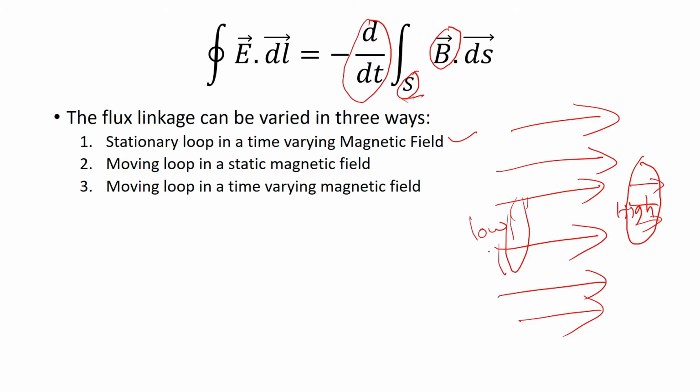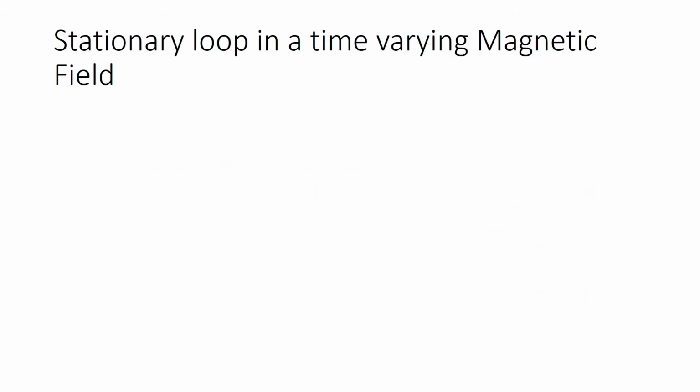Or it may be that the loop is moving and the magnetic flux density is also varying. So these are the three scenarios in which there is a change in the flux linked to the loop. Let us analyze what would happen in each scenario. Let us first consider what would happen if a stationary loop is in a time-varying magnetic field.